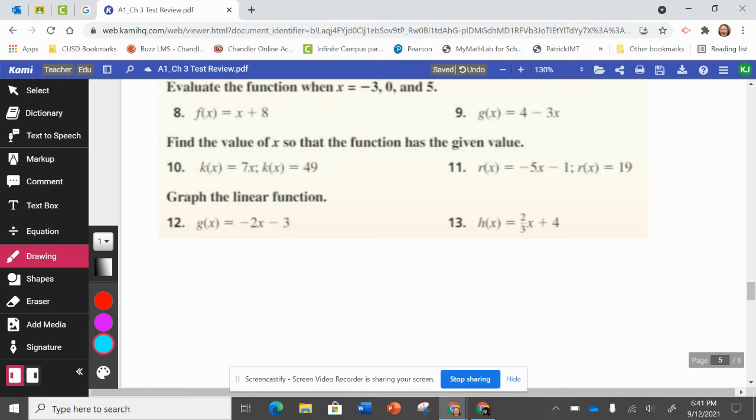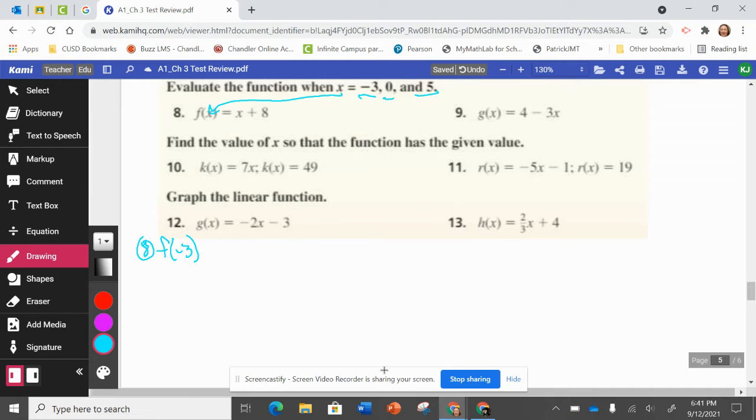All right, evaluate the function when x is -3, 0, and 5. So for number 8, we start with plugging in -3. Remember, this is telling us x is changing to each one of those things. This is not f times -3.